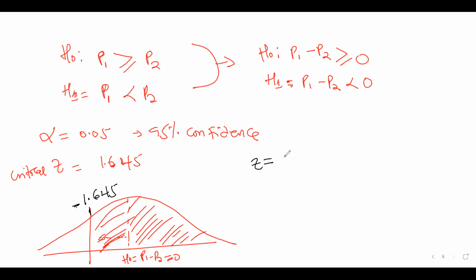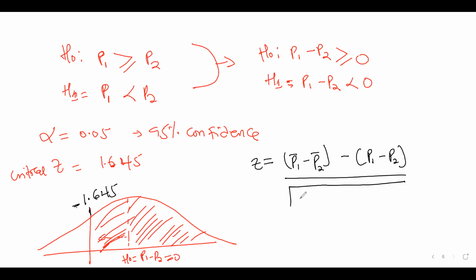So remember, the Z is the sample proportion of the first group minus the sample proportion of the second group, minus the population proportion of the first group minus the population proportion of the second group, all over the standard error. So let's use the first formula for the standard error, the original formula.